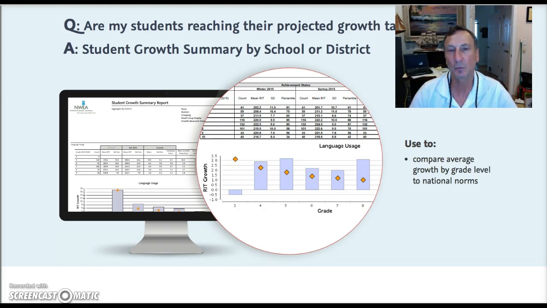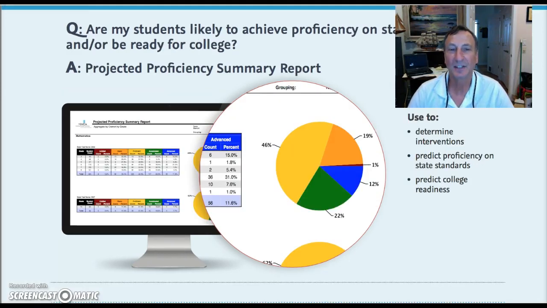We use the individual screen that we saw earlier to set the targets and challenge the targets, and then this is the benchmarking that we want to use to see if they're hitting those or not. And last, on the individual level, we are using this view to look at projected proficiency. So this will tell us how the interventions may or may not work, and allow us to make some assumptions about college readiness.